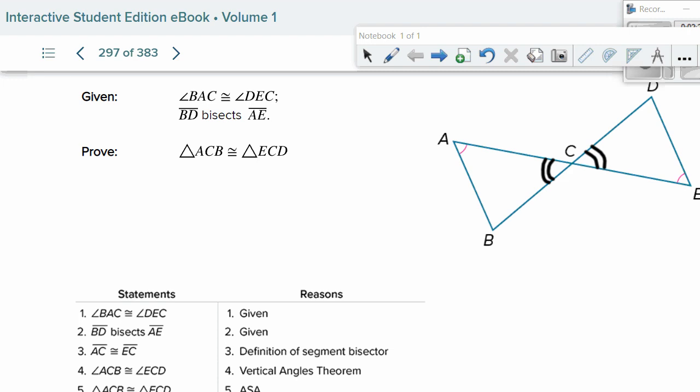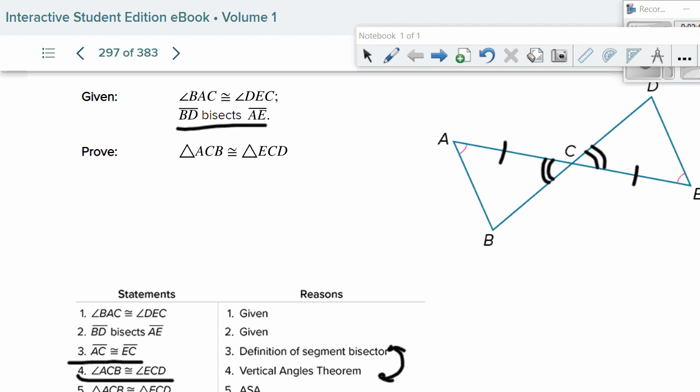We're taking what they told me up here in the given, that I have a bisection going on. So BD bisects AE. But you need to make sure that you say that in your proof. We stated the angles are equal by the vertical angles there in the middle, but you have to write which angles are equal. These two steps could be done in a different order.